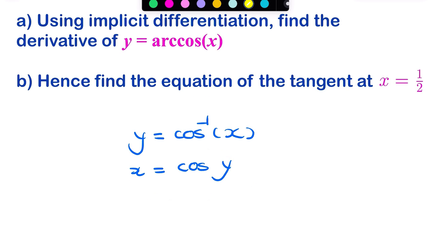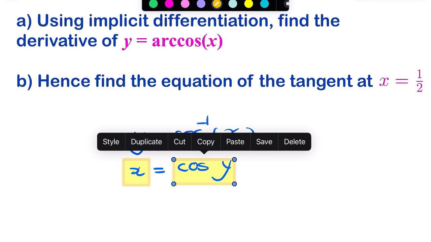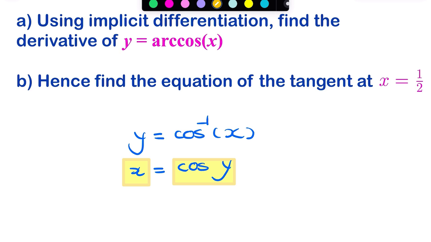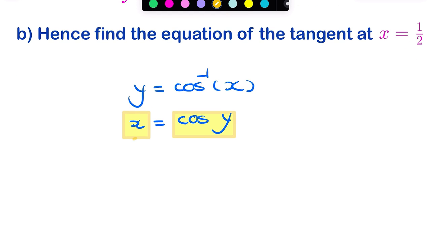And this we can differentiate implicitly. We can differentiate each term separately. There are only two terms, but we can still differentiate each term separately. And remember, with implicit differentiation, whenever you differentiate with respect to y, you need to multiply by dy by dx. So I'm going to differentiate the x, differentiate the y.